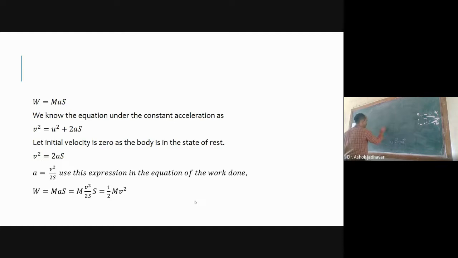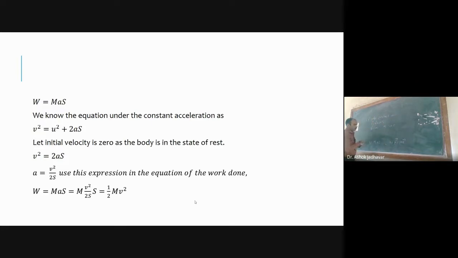So in this case, we have this equation W is equal to MAS, and the equation under constant acceleration will be V square is equal to U square plus 2 times AS. As I discussed, U is the initial velocity and this U is 0, so we can write V square is equal to 2AS as the initial velocity is 0.